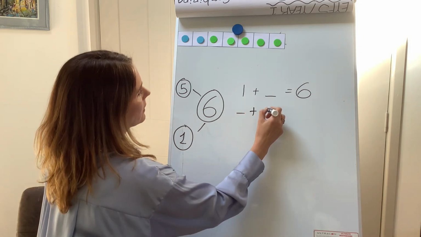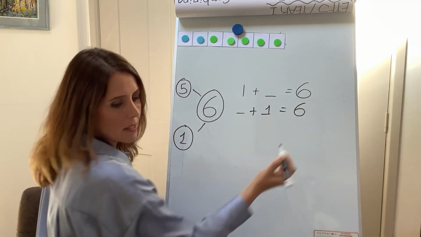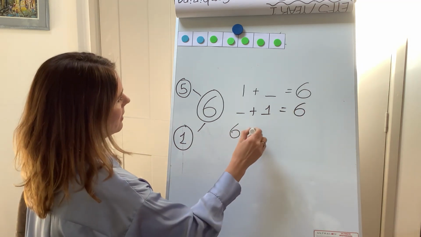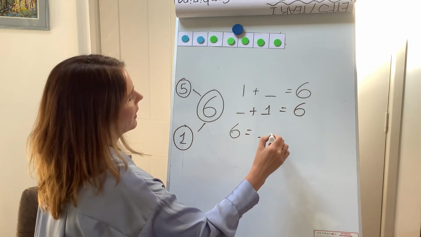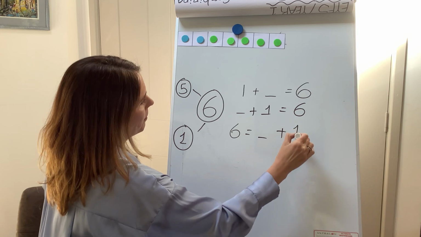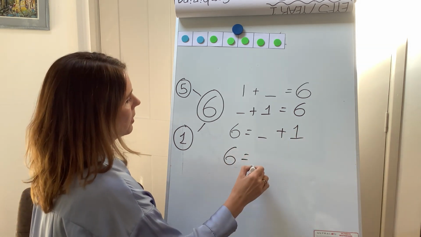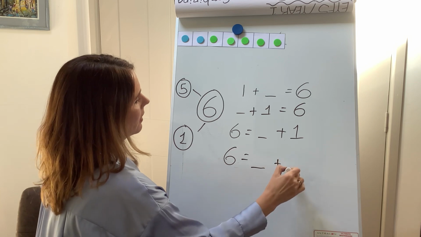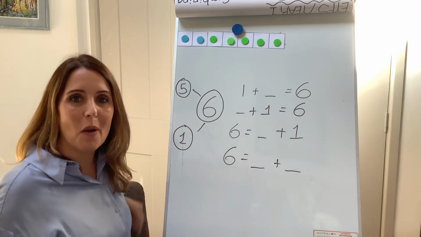Something and 1 is equal to 6. 6 is equal to, it's the same as, something and 1. And 6 is equal to something and something. So can you pause the video and have a go at those?